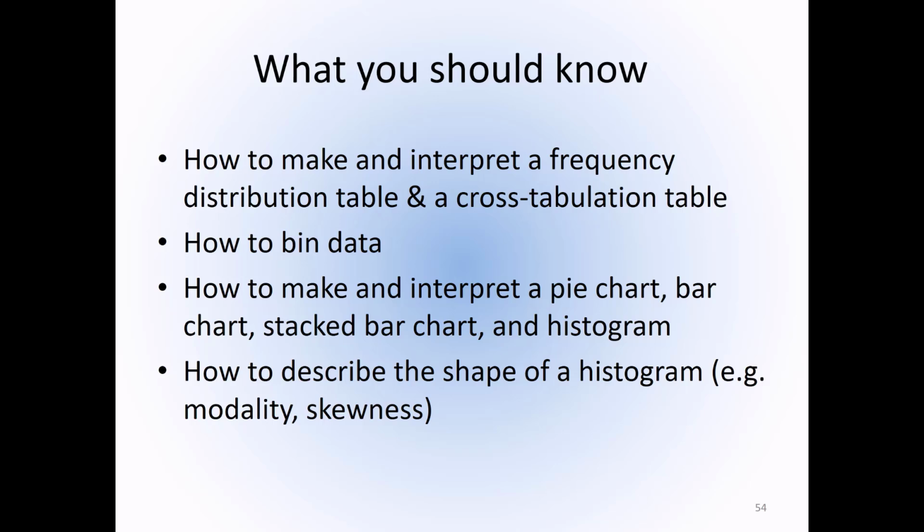You should also feel comfortable getting an idea as far as how many bins you should use for a particular data set. You should be able to create and interpret pie charts, bar charts, stacked bar charts, and histograms, and also be able to describe histograms with regards to their shape. Are they symmetric? Are they skewed? How many modes do they have?